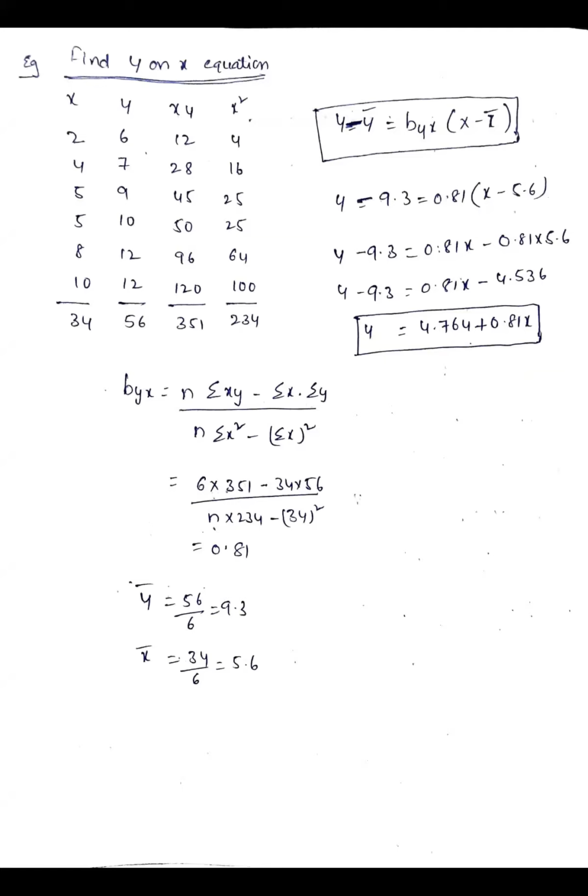Here, find y on x means y is the dependent variable and x is the independent variable. Initially they will give only the x and y data itself.